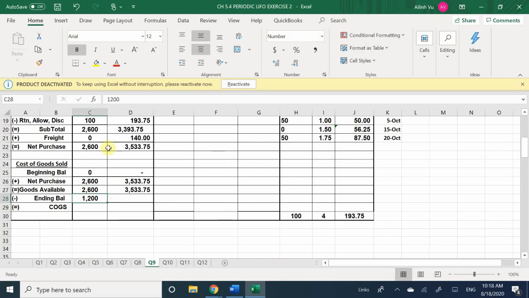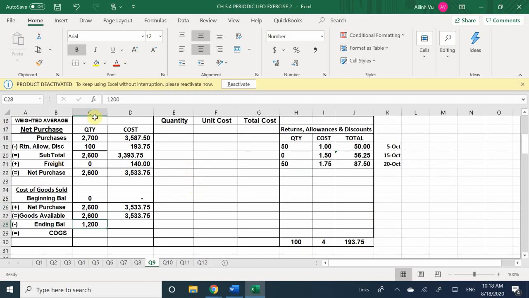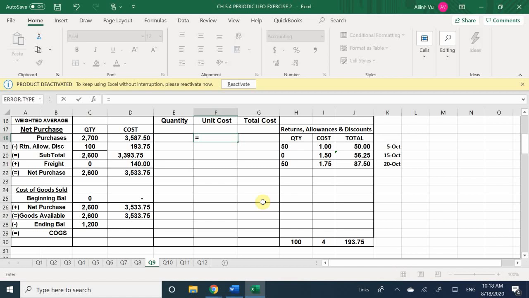Now this is where you can recalculate your new average cost per item, because now we've adjusted it with our purchase returns and allowances. So this is what we have available, and this is exactly how we're going to cost it. So I'm going to go up to this bubble here, and solve for my average cost per item.